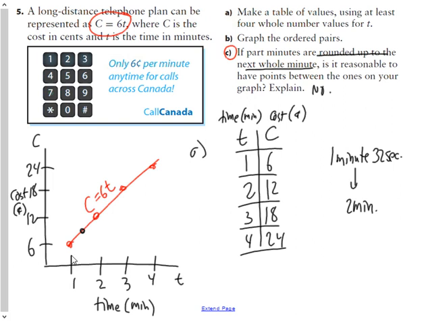So they're going to charge me 12 cents regardless if I spoke for 2 minutes or 1 minute and 32 seconds or 1 minute and 38 seconds or 1 minute and 58 seconds. They are always going to charge me by rounding up. So this point will never occur in this scenario. It will either be a 1-minute charge or a 2-minute charge, but not a 1.5-minute charge.